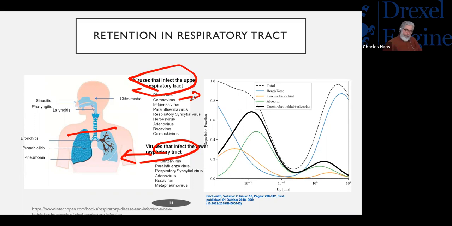You see that for almost every single compartment, there's a particle size at about a half micron, give or take, that represents the minimum retention, the minimum deposition. As we go to greater particle sizes, we get a greater degree of retention. Smaller particle sizes also give a greater degree of retention.